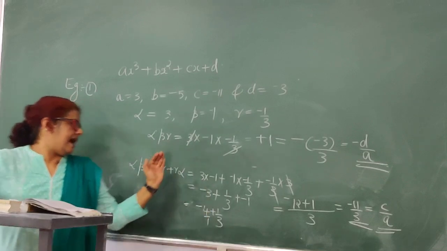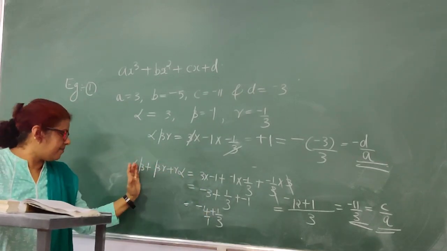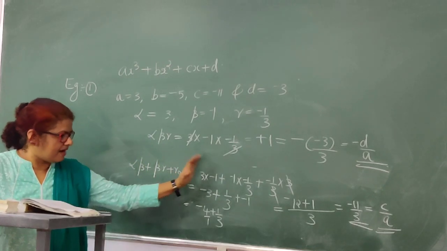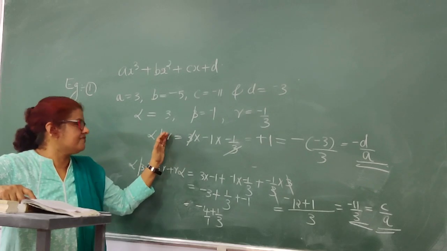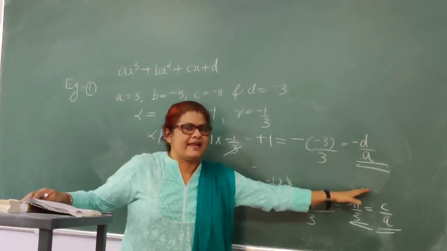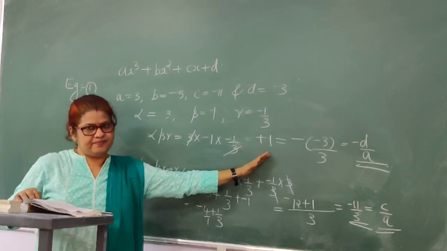So we got alpha plus beta plus gamma is equal to minus b by a. Alpha beta plus beta gamma plus gamma alpha is equal to c by a. And alpha beta gamma, the product of three zeros, is equal to minus d by a. That is, verified the relationship.